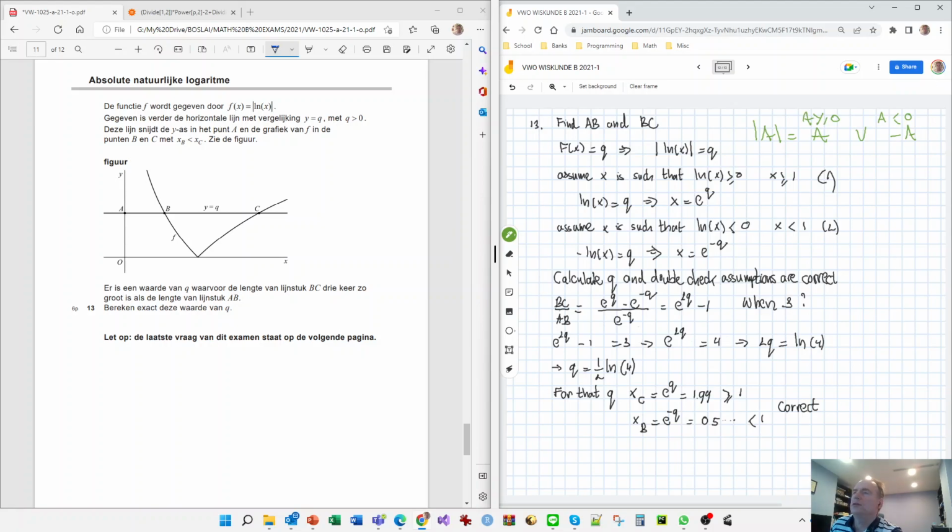So this is actually point C, this is point B. And it's also given xc is greater than xb. And they say it has to be 3, or actually asking when it is 3.